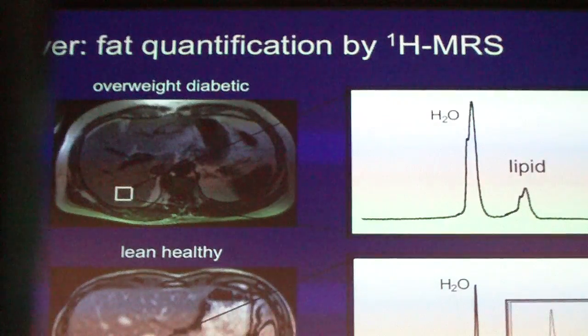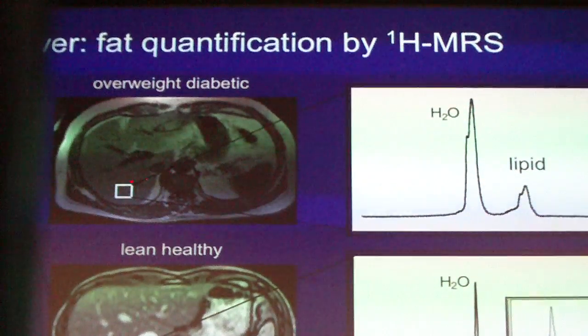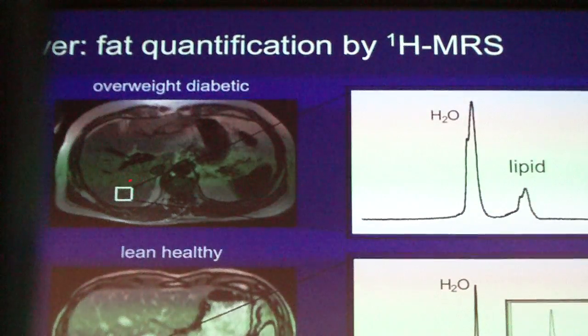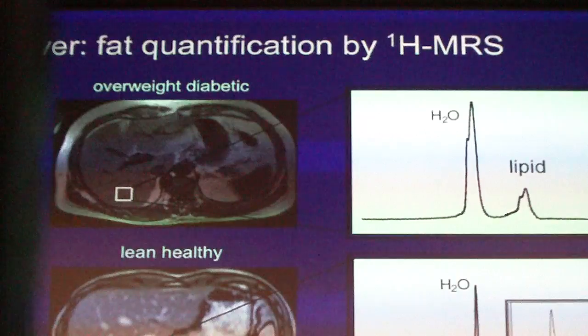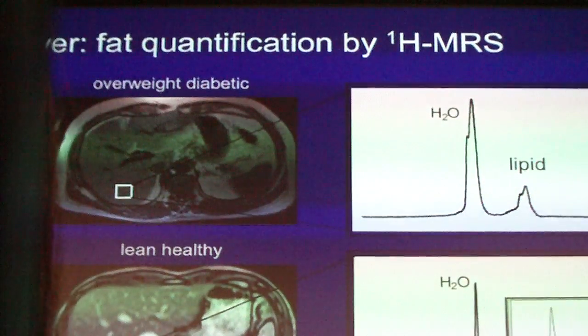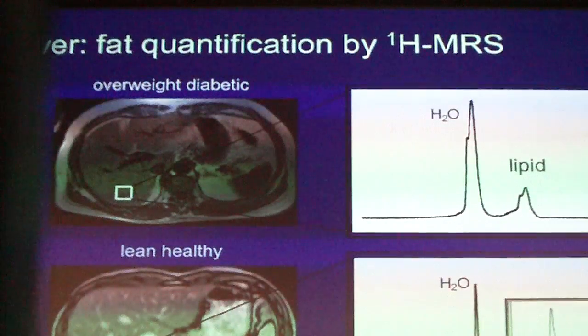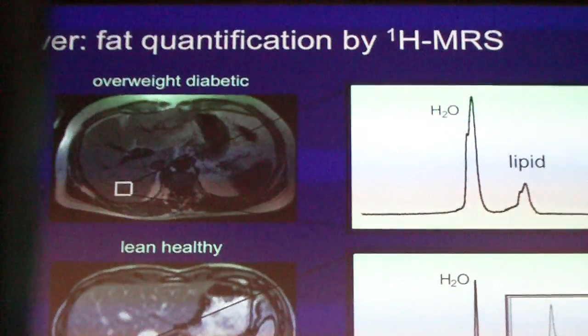And this is now an example of a healthy individual. If you look at the spectrum of somebody with a fatty liver, you see that the lipid peak relative to the water peak is much increased. Here in the healthy subject, you can hardly see it, only when you enlarge it can it be seen.